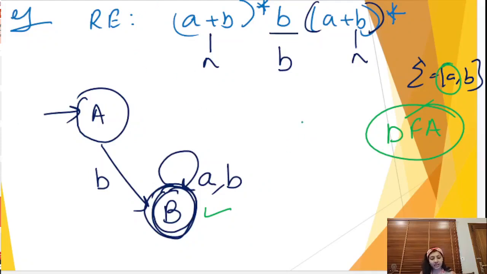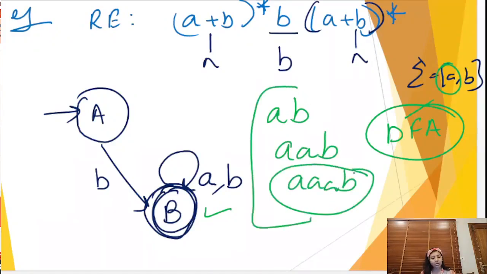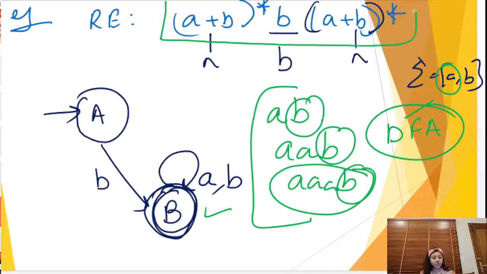Let's say I receive a string as AB, or a string as double A B, or triple A B. Are all three of these strings part of the language? Yes, they are, because a single B is encountered. If I have to form this AB word from this regular expression, how will I form it? I can take single A from this, B is here, and I can take lambda from this.